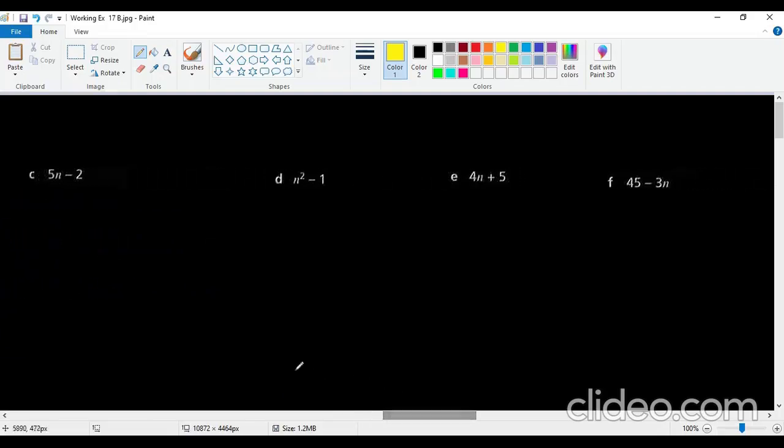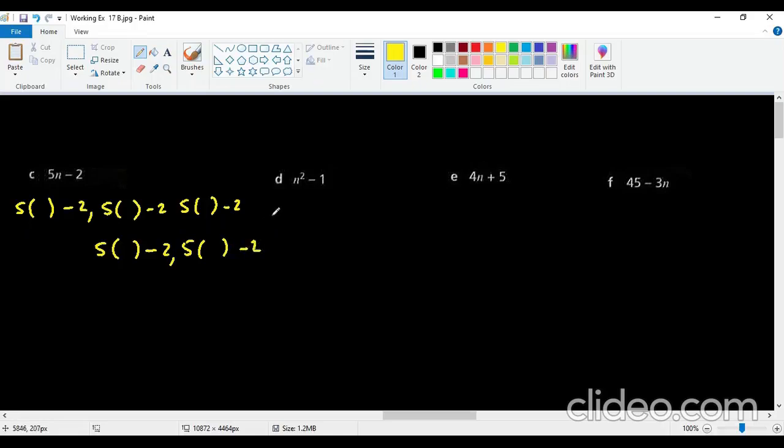Now comes 5n minus 2, written 5 different times. And in here we are going to replace n with the numbers 1, 2, 3, 4, and 5.